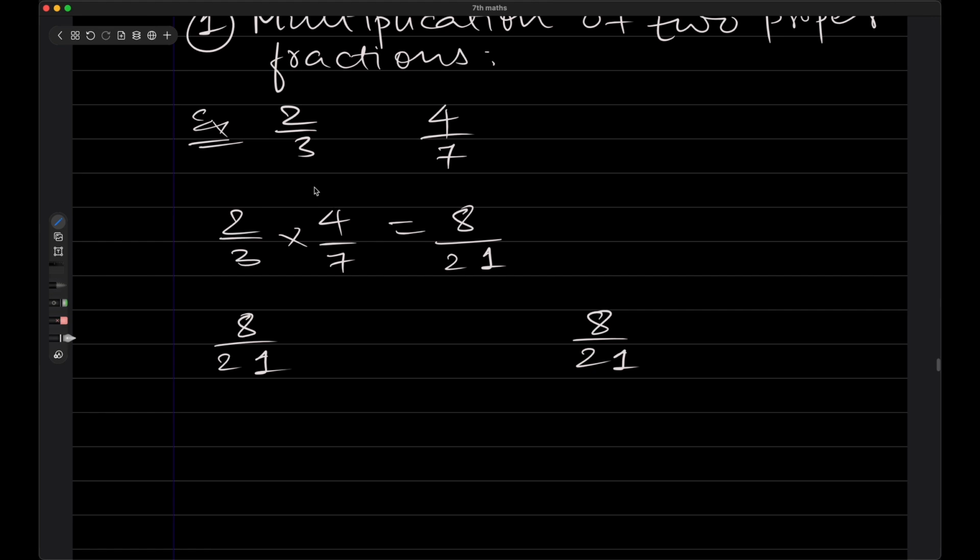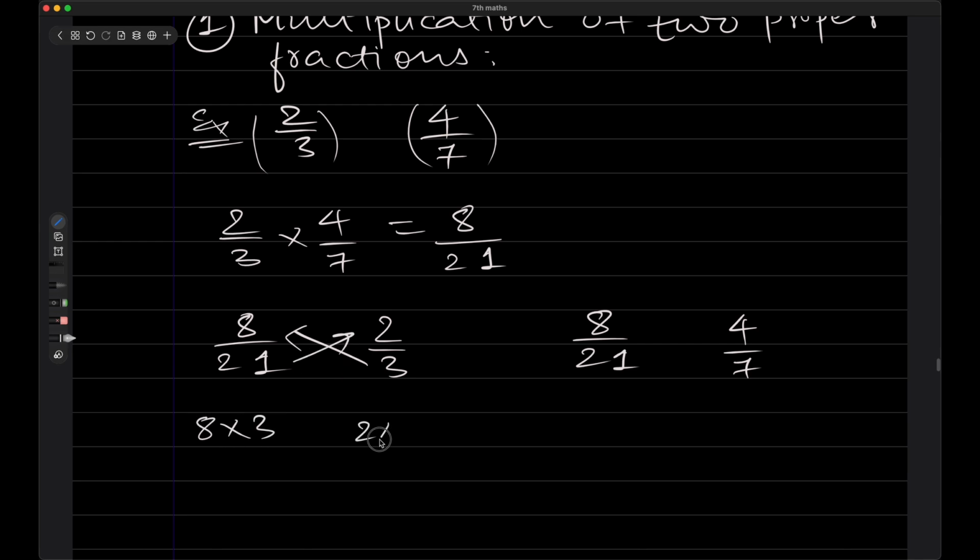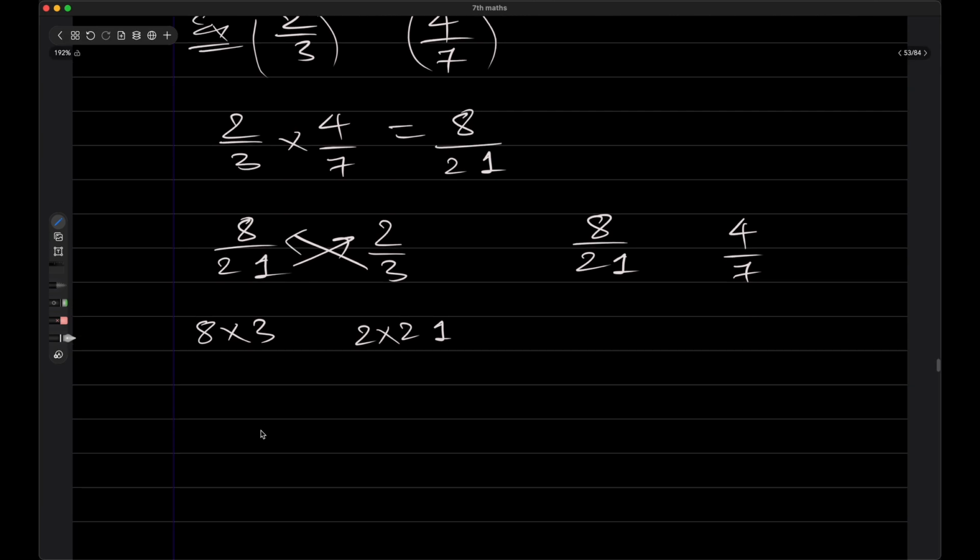Now I will compare the product, that is 8 divided by 21, with both the fractions, 2 divided by 3 and 4 divided by 7. If I compare with 2 divided by 3, multiply 3 with 8 and write it below 8, multiply 2 with 21, write it below 21.